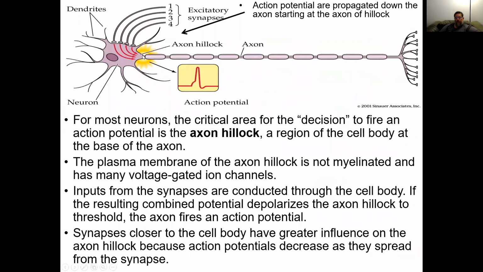So again, here's the trigger zone, the axon hillock. It's the deciding zone. And again, what makes it so is the fact that it has so many, and I don't know what the numbers would be, hundreds, thousands, I'm not really sure, but there are lots of voltage-gated sodium channels present in this trigger zone.